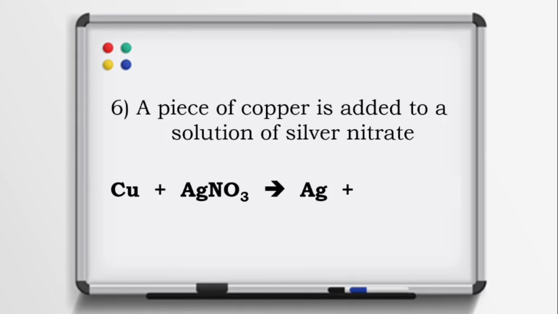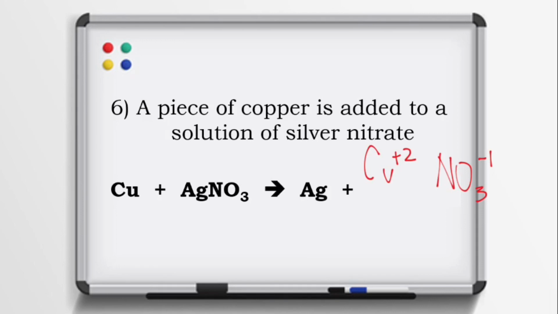Now, there are going to be a couple of rules that we have to tell you about what charges elements like to have when they're forming these compounds. But long story short, copper likes to have a +2 charge. So that's what we're going to give it as it's forming this new compound with nitrate. And nitrate always has the same charge, that same -1, as when it was over there with silver.